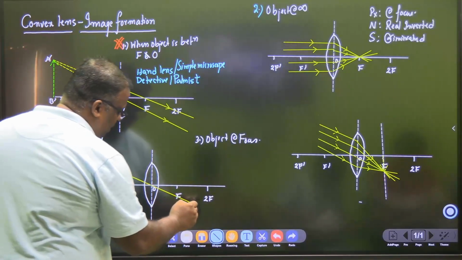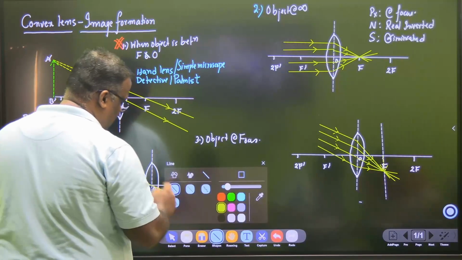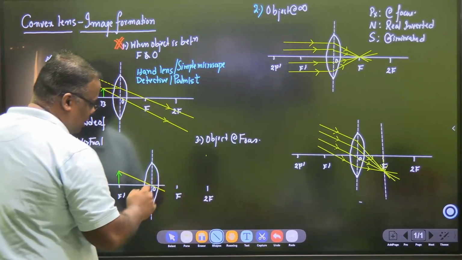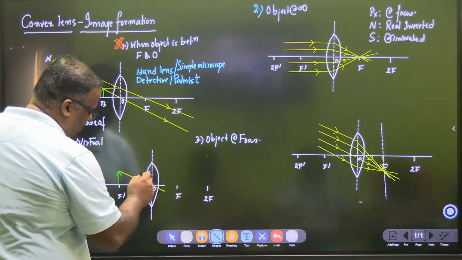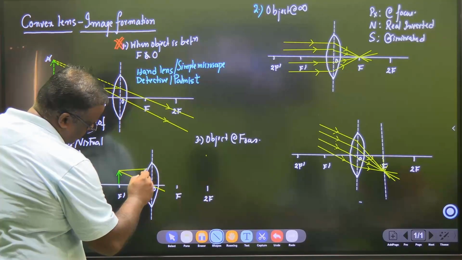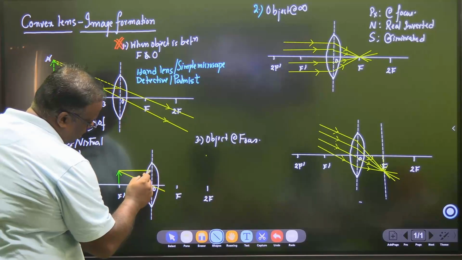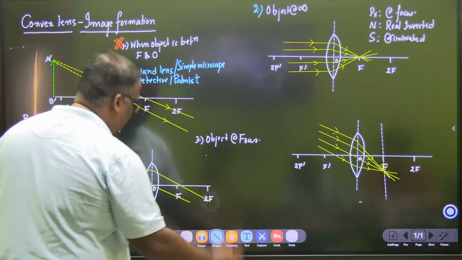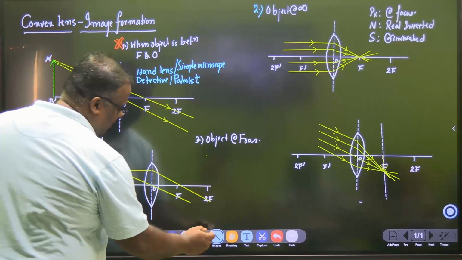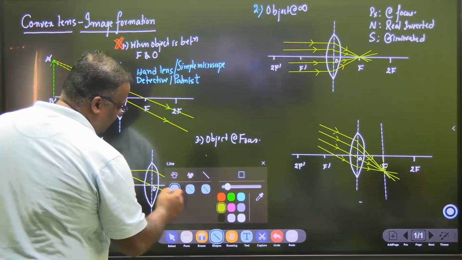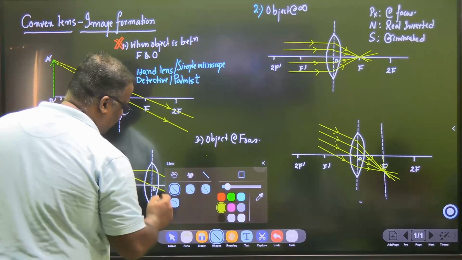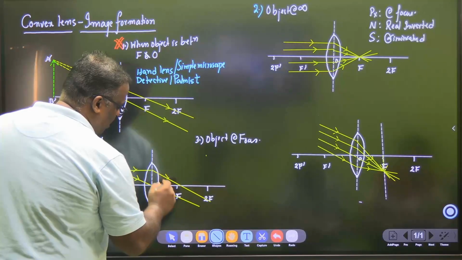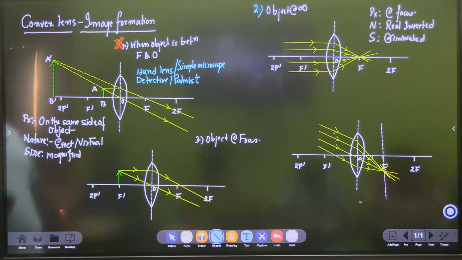Let me first make this ray, and then let me make another ray. They will become parallel rays.